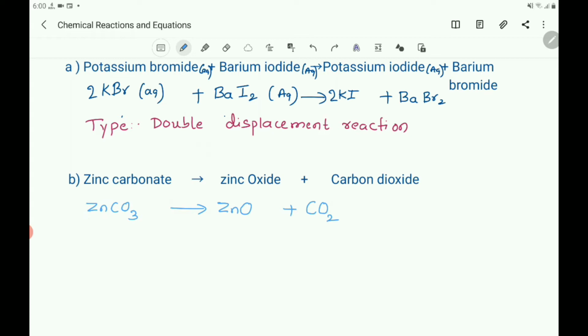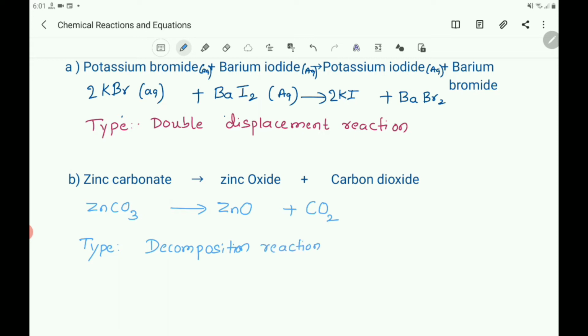And what type of chemical reaction is it? Here how many reactants are there? Only one reactant. One reactant gives 2 products. So it is a decomposition reaction. So you write what type of chemical reaction it is: decomposition reaction.